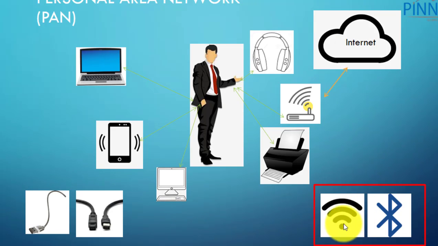So wireless personal area network could be in terms of your Wi-Fi or Bluetooth. So these are the two ways of connecting devices using a wireless personal area network. And apart from Bluetooth and Wi-Fi, we can also make use of IRDA. IRDA stands for Infrared Data Association.